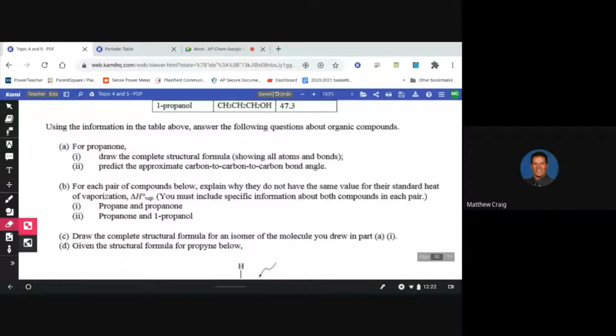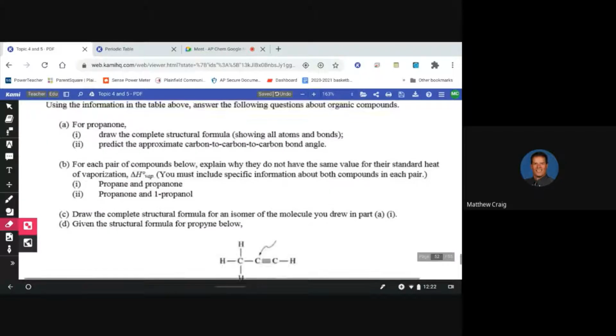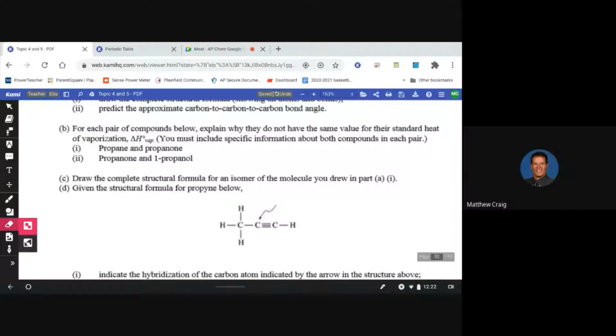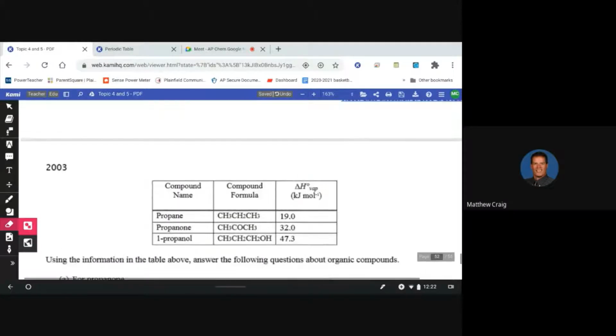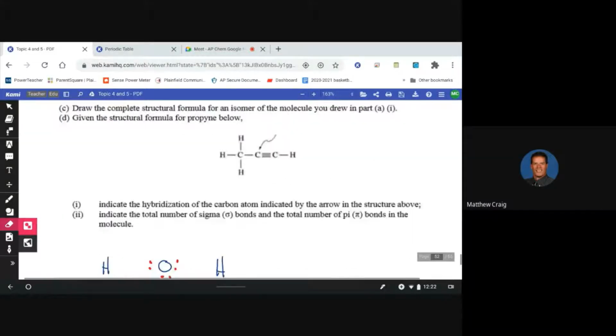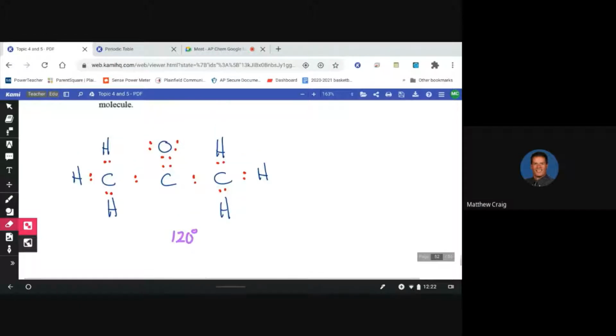For letter B, for each pair of compounds below, explain why they do not have the same value for their standard heat of vaporization. You must include specific information about both compounds in each pair. So propane and propanone. Probably wouldn't be a bad idea to draw that out.